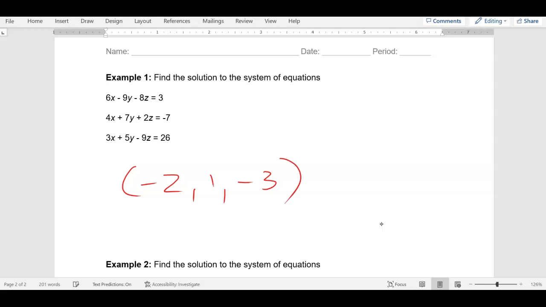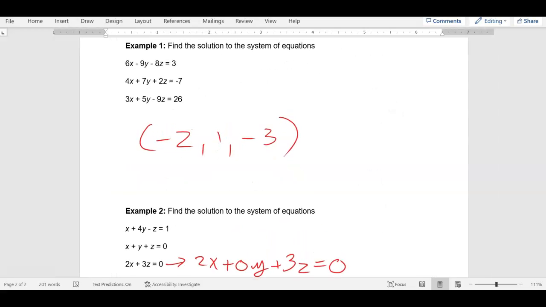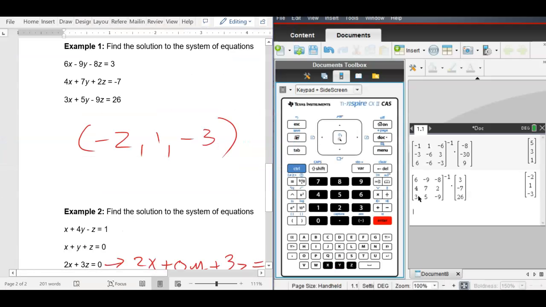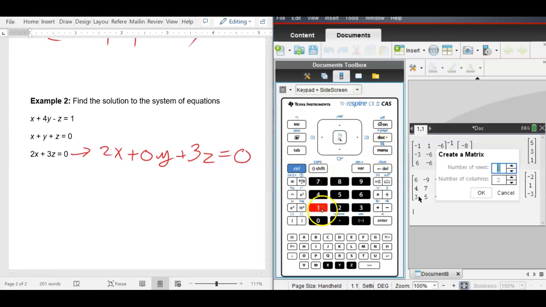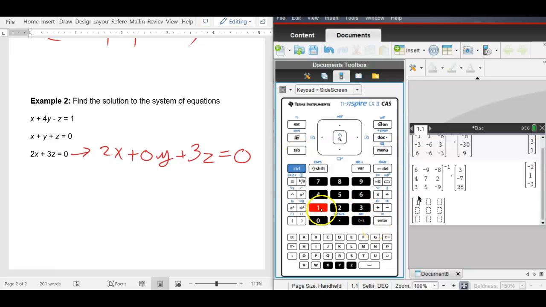And then example 2, please be careful because that third equation is missing y. So let's put this one in. Menu 711, 3 tab 3. That's 1, 4, -1, 1, 1, 1, 2, 0, 3.